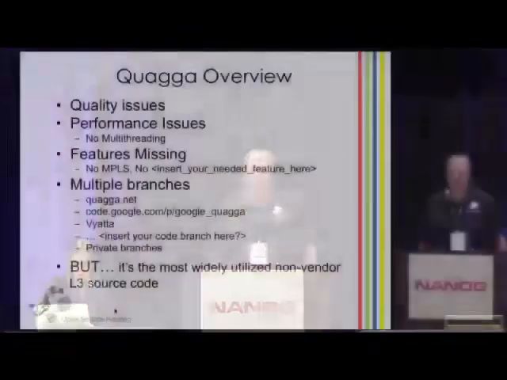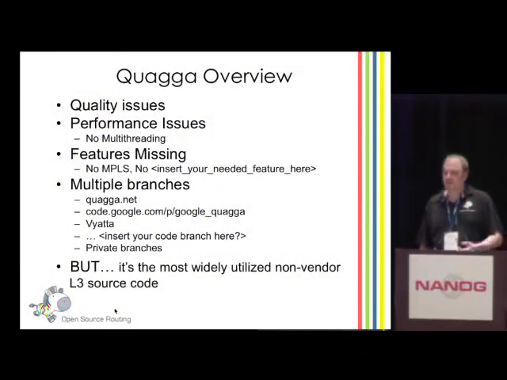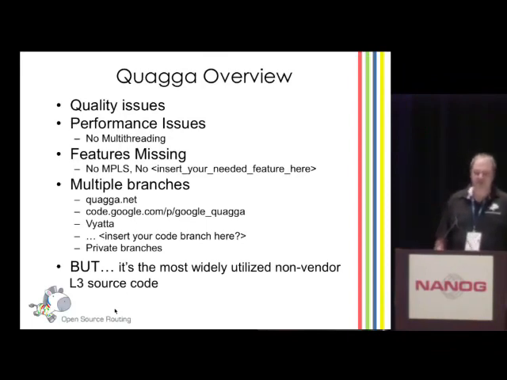There is no multi-threading, so you basically have BGP using one single CPU core, and that's it. You may be missing features. Obviously, if you want to run it as a router, you may need MPLS. You may need SNMP into the routing daemons as well. There may be some other features missing. So there are a lot of issues which stop people today from using Quagga.